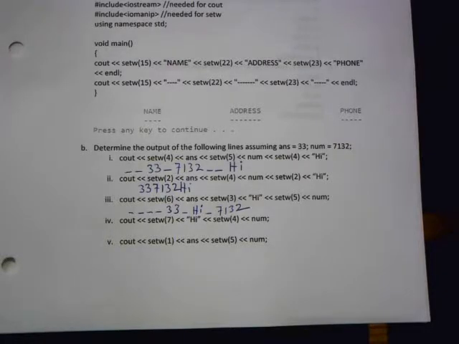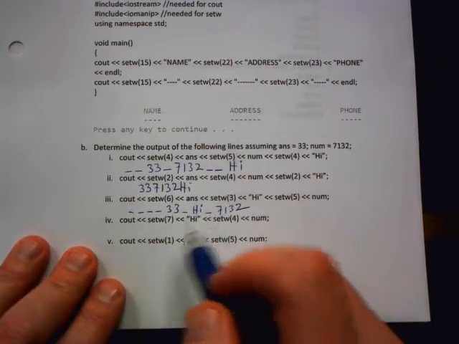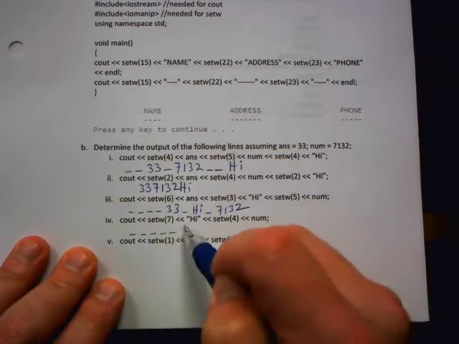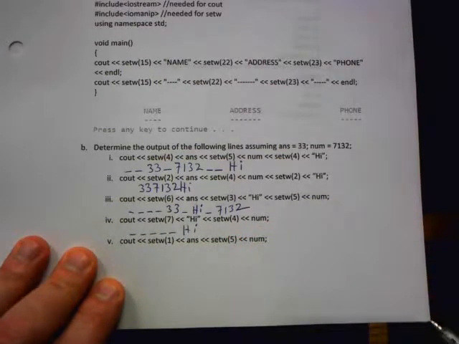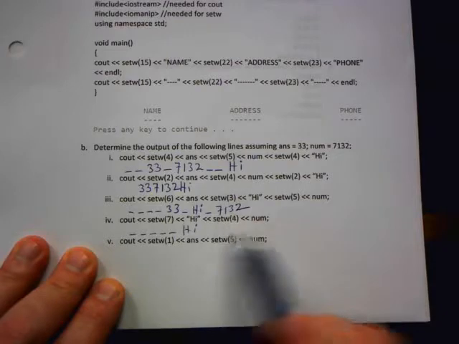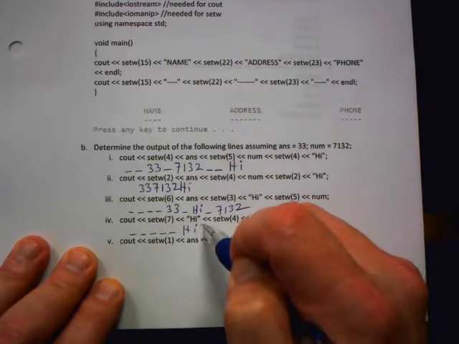Okay, 4. What's 4 do? 5 spaces, then high. And then no room left over, is there? Because we need 4 spaces. We're only doing 4 spaces, so 7132.